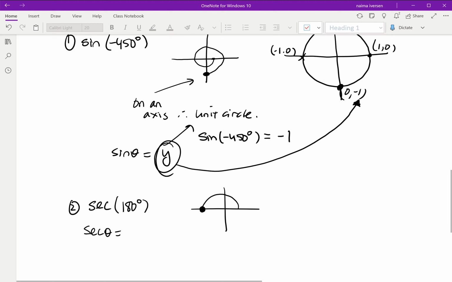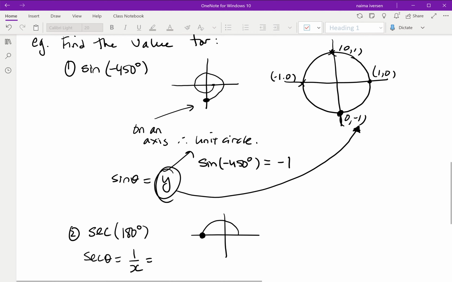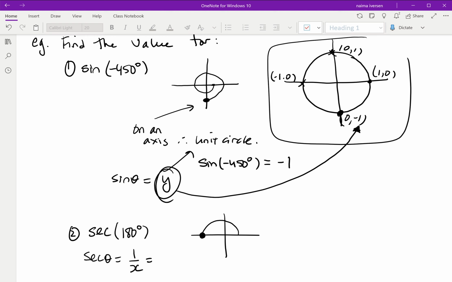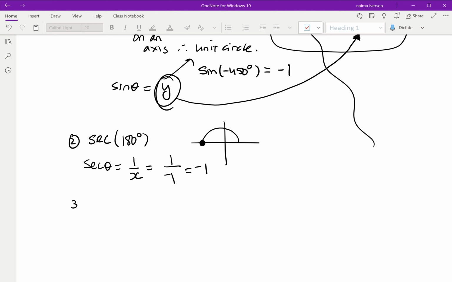Cosine is our x coordinate, so secant is going to be 1 over x. Well, I'm just going to use my unit circle up here. Let's take a look at 180 degrees, which is right there. I'm looking for 1 over my x value, which is going to be negative 1.